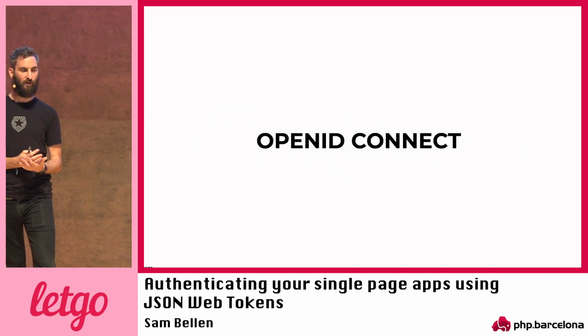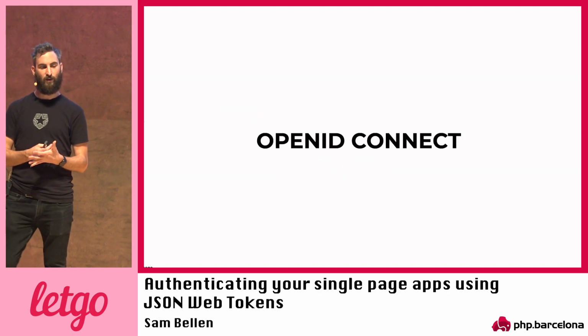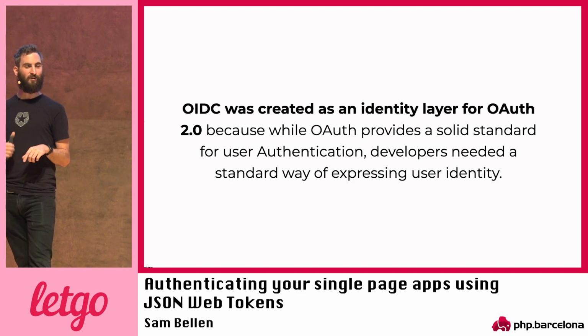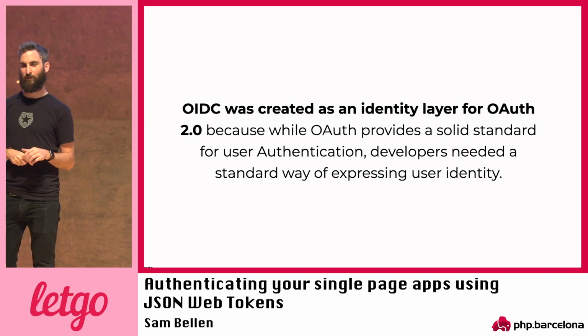If you want to do identity-related things, so authentication with a token-based approach, you use OpenID Connect. Who's used OpenID Connect before? I think more of you do, but you just didn't realize it because OpenID Connect was created as an identity layer for OAuth 2.0.